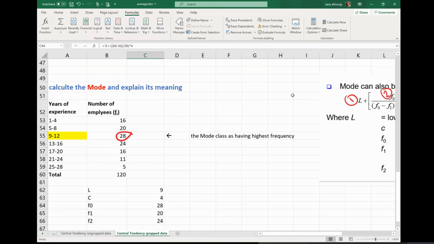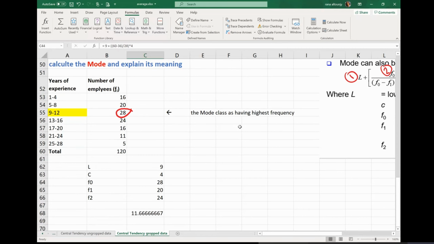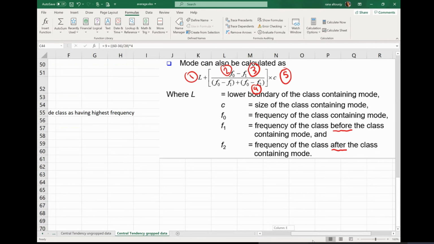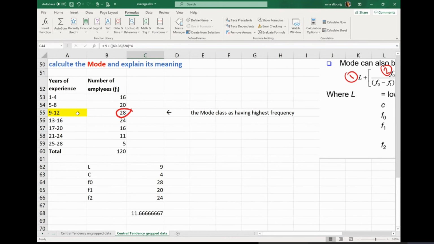So let's calculate the information. First, we calculate L, the lower boundary of the class containing the mode.